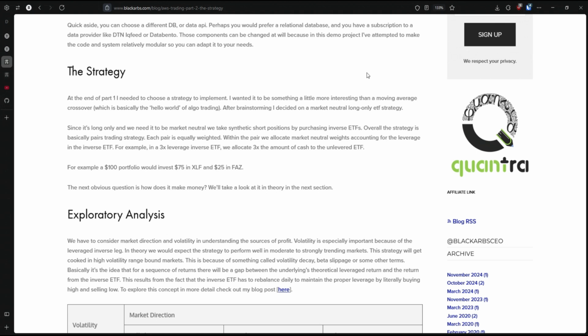It sounded interesting to me to implement and to do some basic exploration around. It does have some quirks though. Since it's long only and we need it to be market neutral, we initiate the synthetic short positions by purchasing inverse ETFs. So overall, the strategy is a pairs trading strategy.